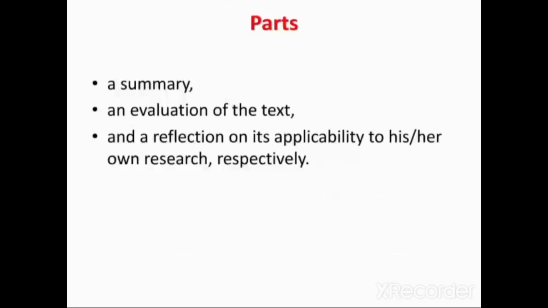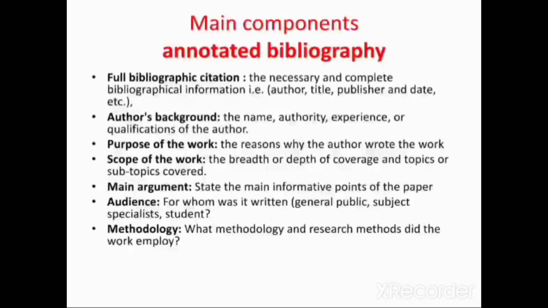So as discussed earlier, the annotated bibliography contains a summary and evaluation of the text and a reflection on its applicability to his or her own research, respectively. So these are the main components of an annotated bibliography: a full bibliographic citation, author's background, purpose of the work, scope of the work, main argument, audience for whom it was written, and the methodology, both the methodology and research methods the work employed.